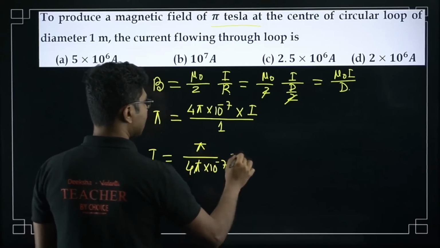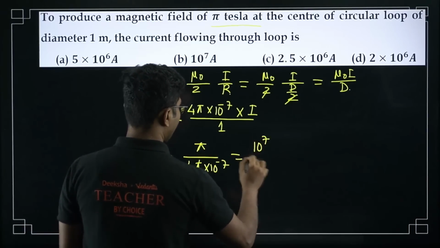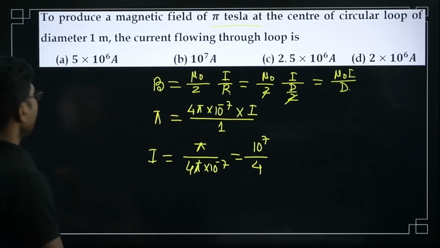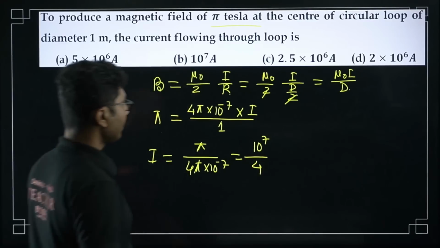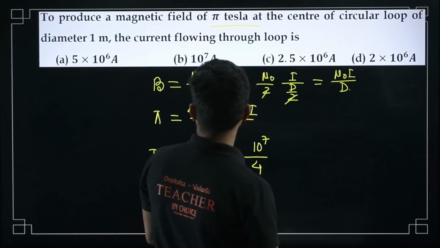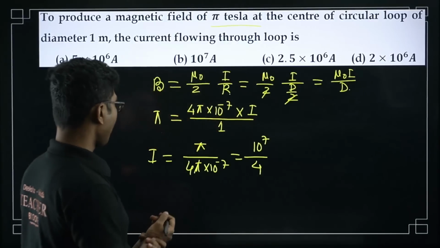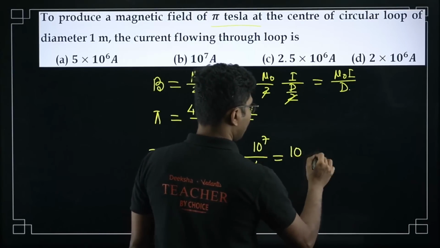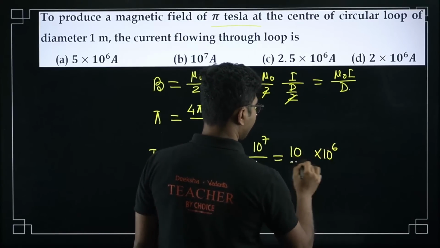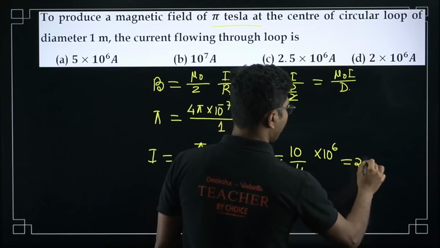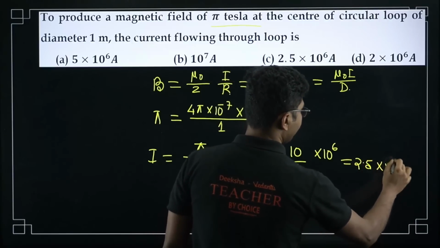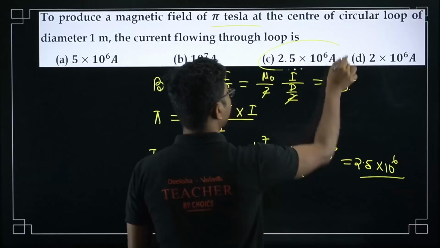Pi cancels, 10 to the power of 7 by 4. So you can write this as 10 into 10 to the power of 6 by 4, that is 2.5 into 10 to the power of 6. So the correct answer is option C.